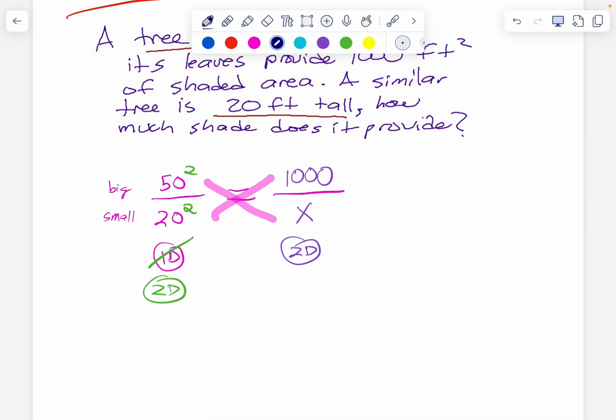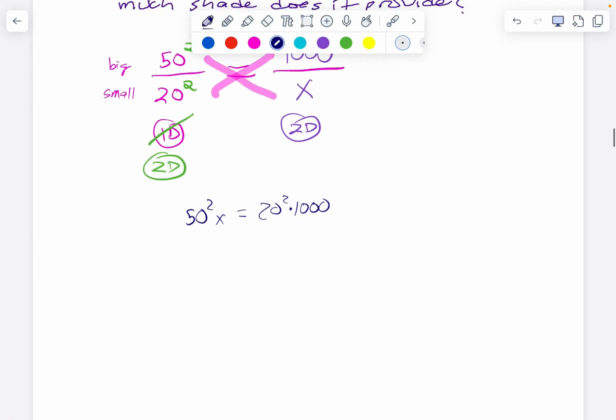And we'll get 50 squared x equals 20 squared times 1,000. 50 squared is what? And then 20 squared is 400 times 1,000 is 400,000.